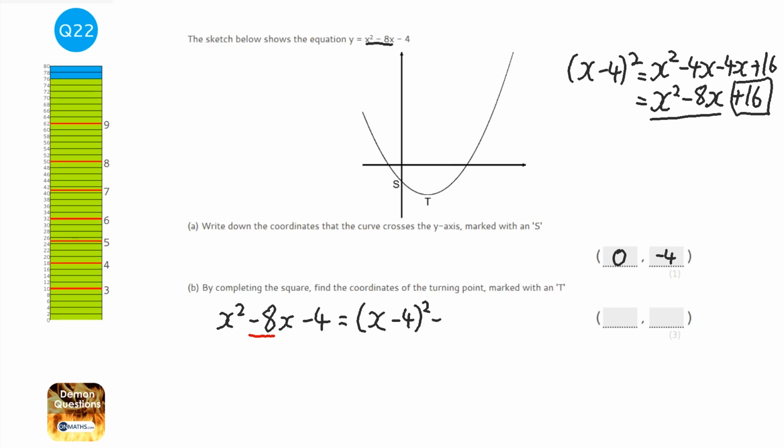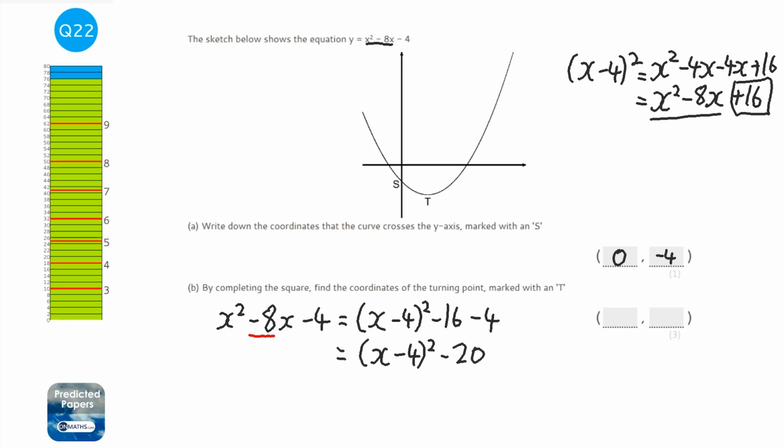So we're going to subtract 16 to get rid of it. And we've also got the minus 4, which is in the question. We do have videos on completing the square which go into more detail than I'm going through here, so watch those if you're not sure. So we put the minus 16 and the take away 4 together.